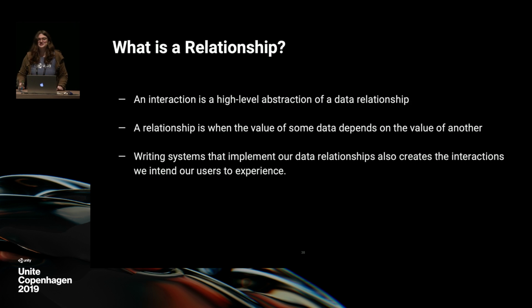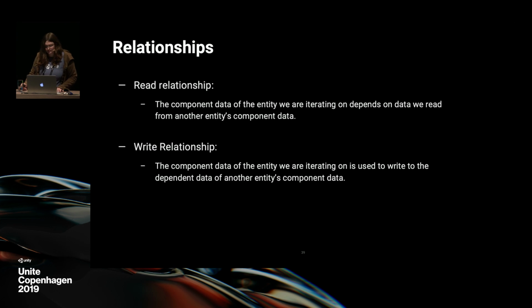You still get the interactions you all came here for today. A read relationship is when the data that we're iterating on is dependent on a read from another entity's components. And a write relationship is when the data we're iterating on is used to write to the data of another entity's components. Which one you use depends on frequency.